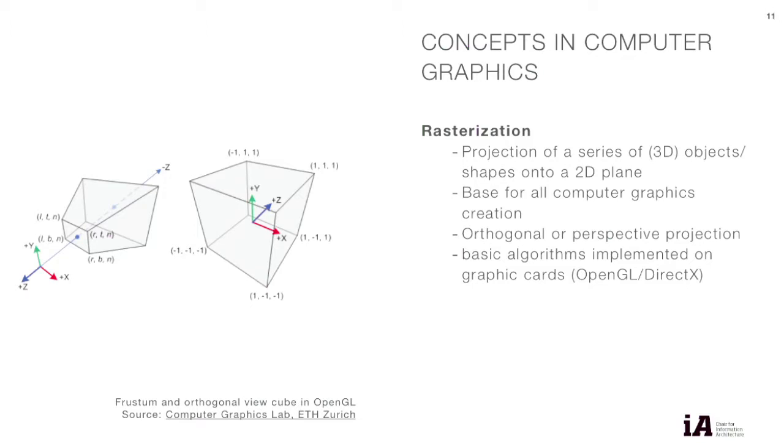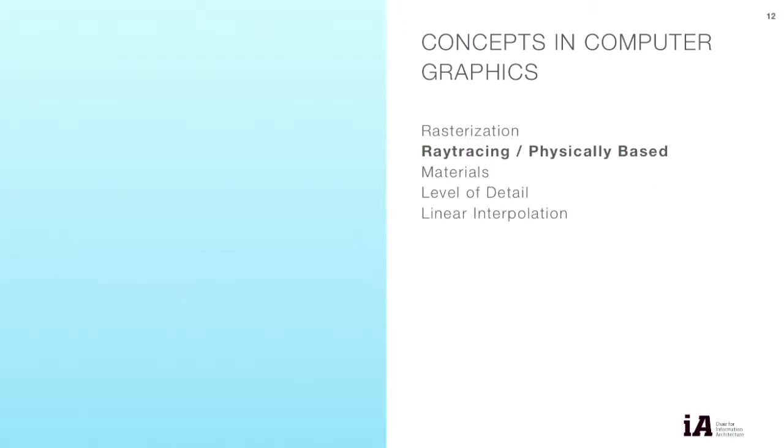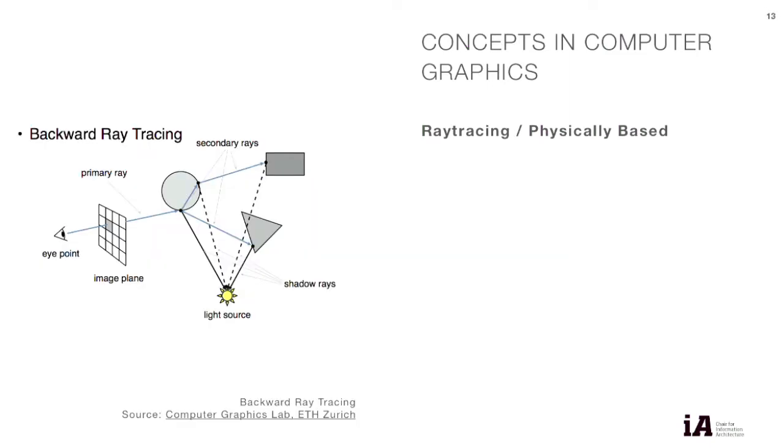And then the more complicated stuff is ray tracing and physically based rendering. They begin to get very fast, so you can almost see them real time at the moment if you have a fast graphics card. But they used to be very computationally intense, meaning you had to wait a long time.